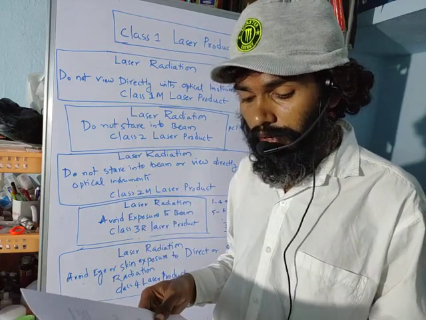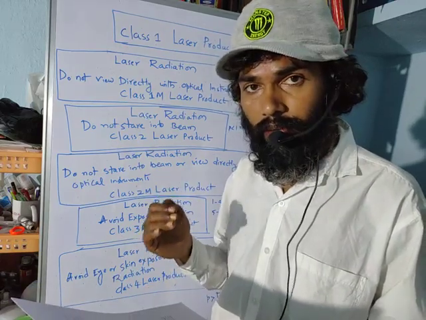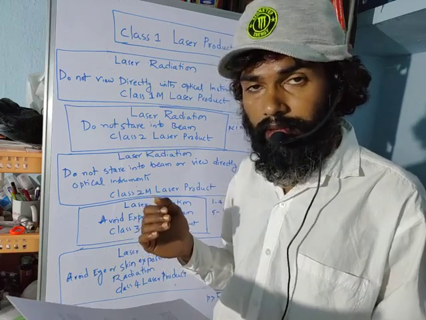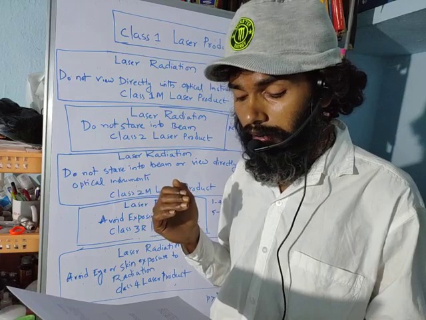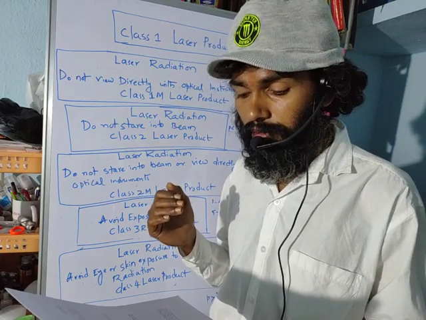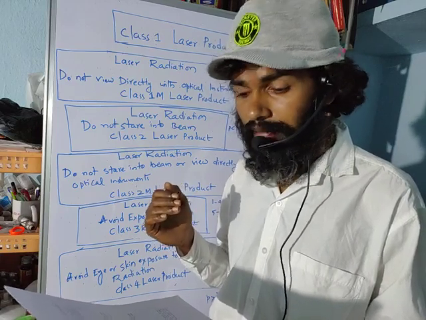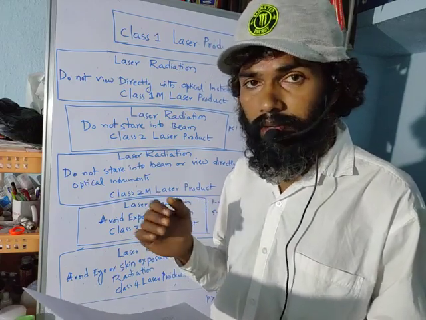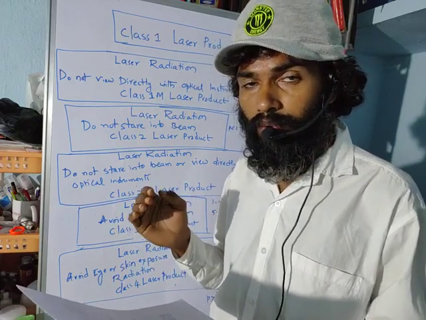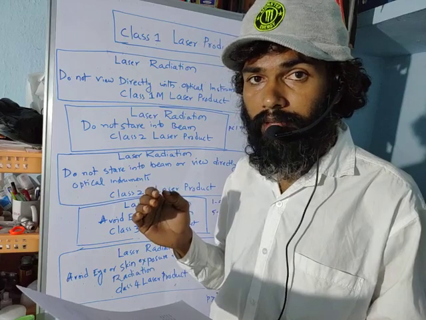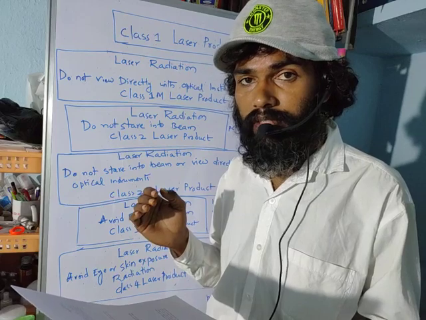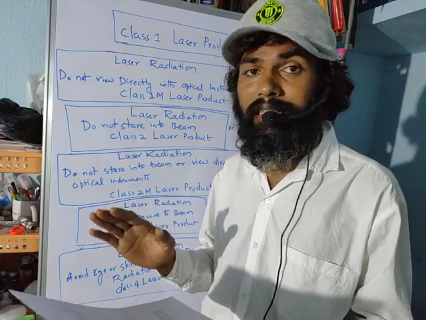And the NOHD, the no ocular hazard distance, of a laser with power 4.99 milliwatts with 1 milliradian divergence is 16 meters. That means if you look at a laser of 4.99 milliwatts power with 1 milliradian divergence from a distance of 16 meters, then you are still safe.